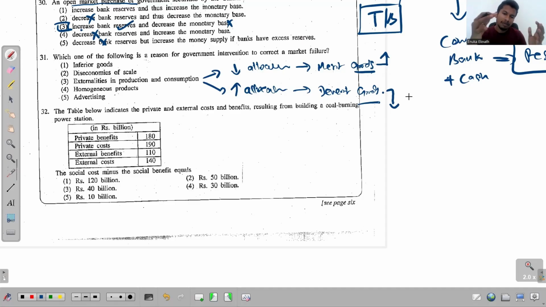So that's what the government does. This is a real problem we have in a market economy, and since this is a market failure, the government intervenes in the market to correct those market failures. So the answer for this question 31 is 3.